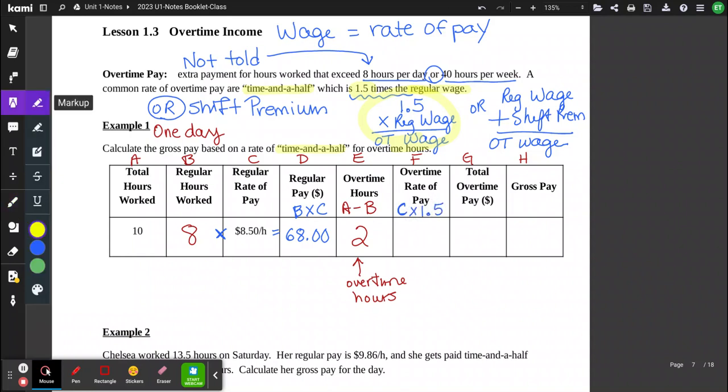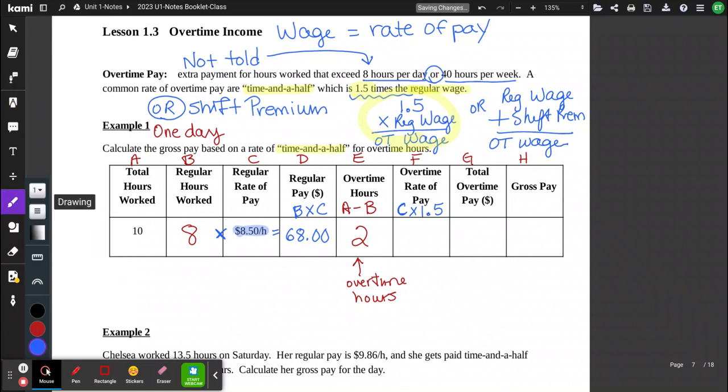So I'm taking this number right here, 8.50, and I'm multiplying it by 1.5. So 8.50 times 1.5 is what I'm doing. And the overtime rate of pay is $12.75 per hour. Make sure you round to 2 decimal places, because that's your pennies. Okay, that's your dollars and pennies.